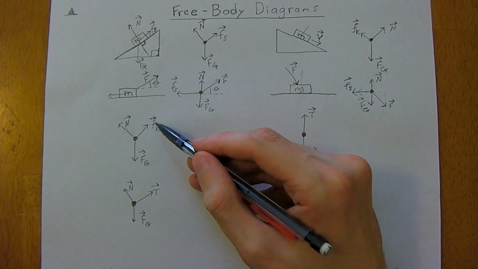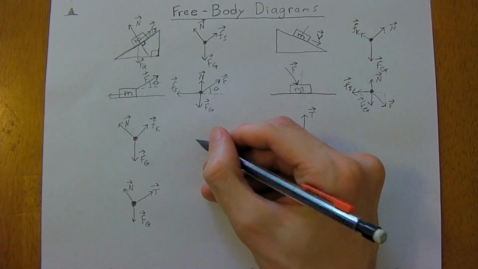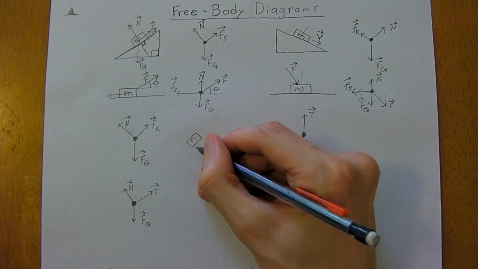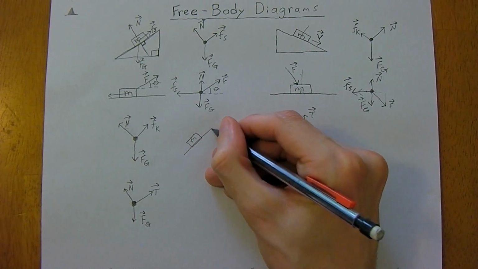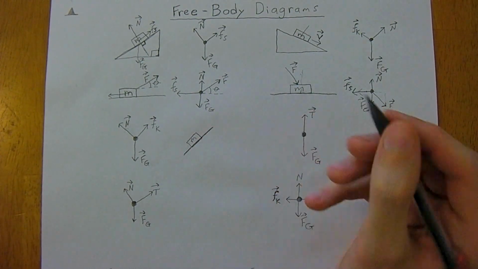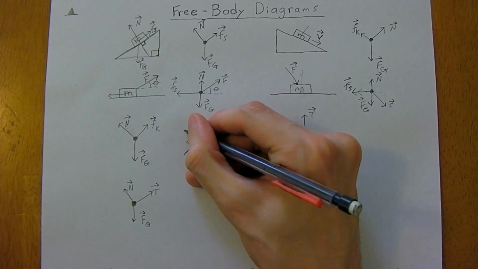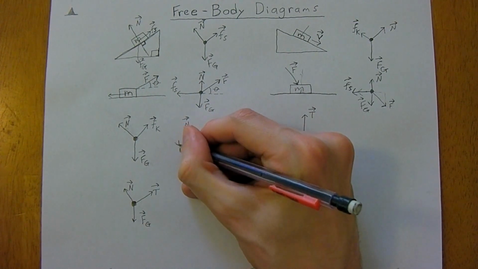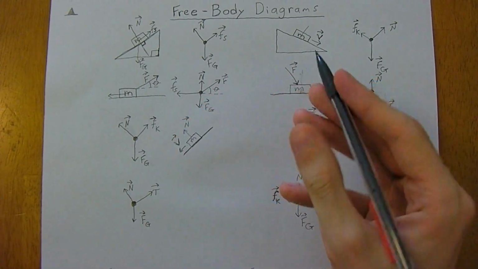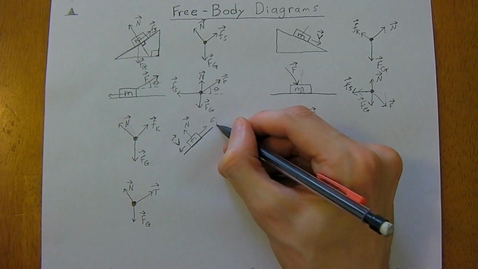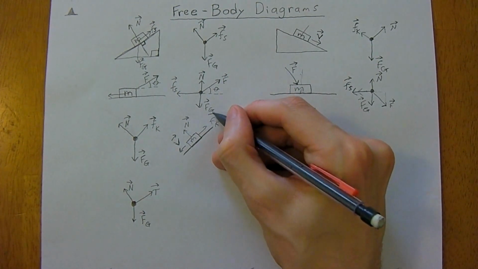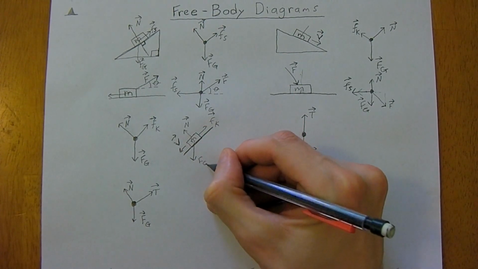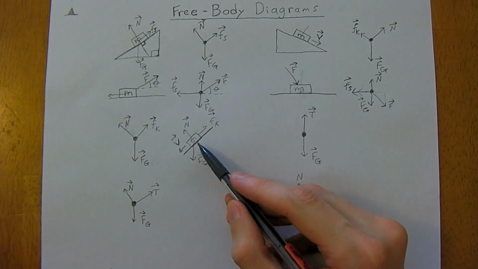So we know that it has kinetic friction, so it's a moving block or a moving mass, and it's on a slope here, and it's got its normal coming up, and it's got a velocity because it has kinetic friction pulling back this way. And then it's still going to have its force of gravity. So this is all good.